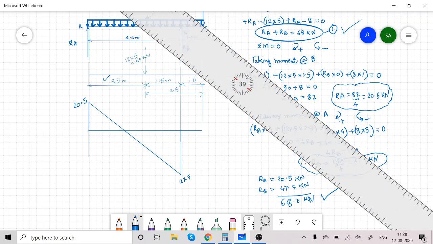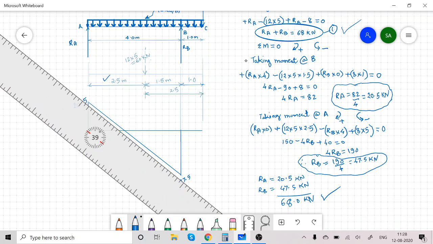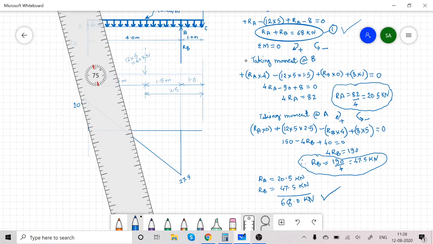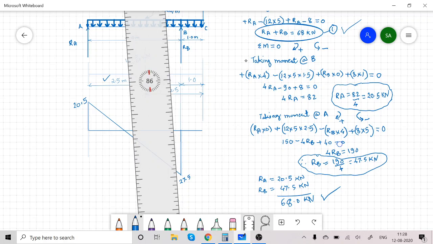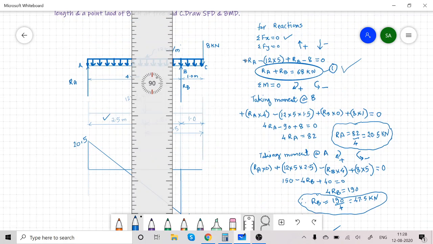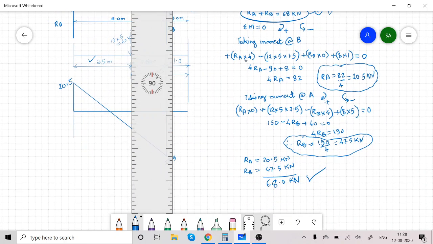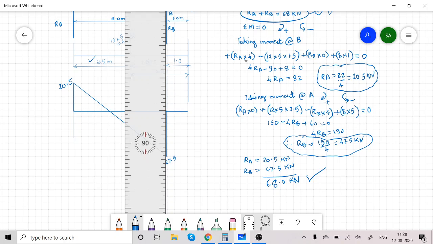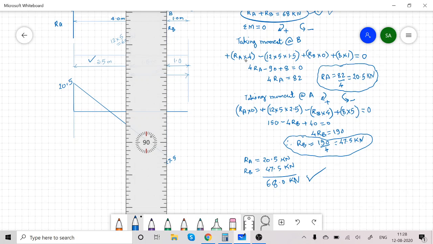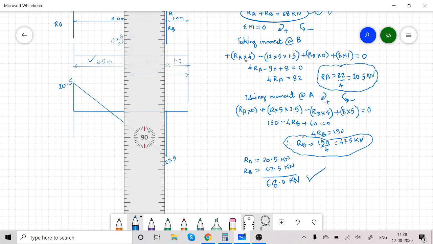Okay, now at B there is an upward reaction of 47.5. So minus 27.5 plus 47.5, that is I got here plus 20.